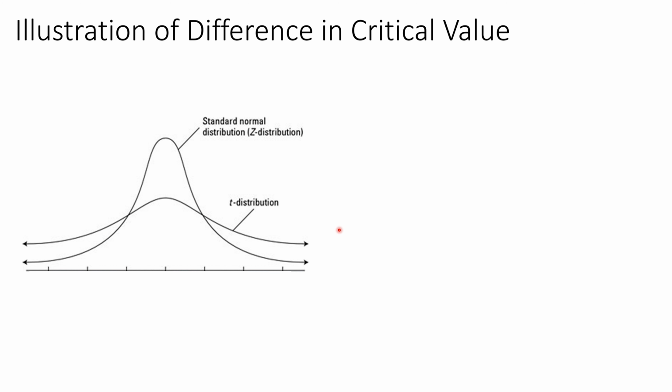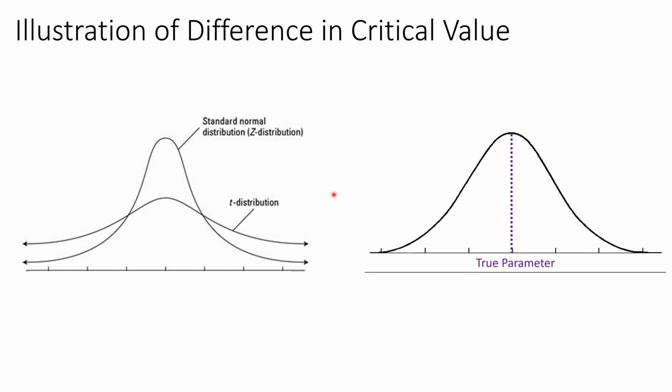This is an illustration of the difference in critical values of a z-distribution and a t-distribution. This curve stands for the standard normal distribution, and this more flat curve stands for the t-distribution.